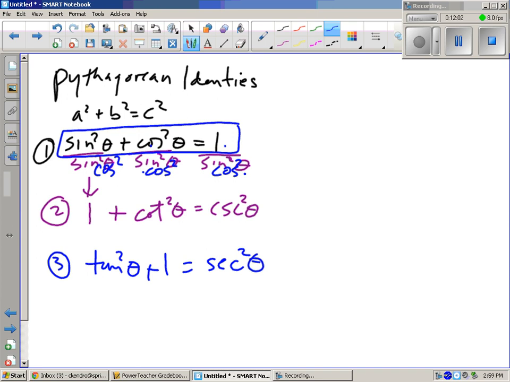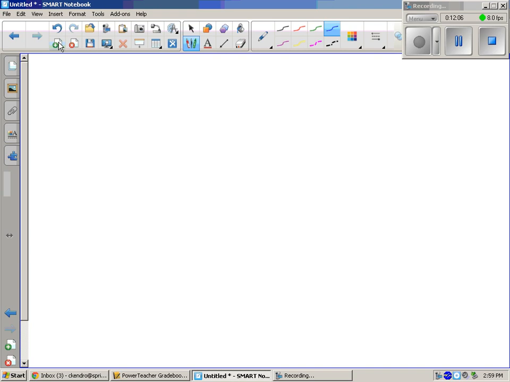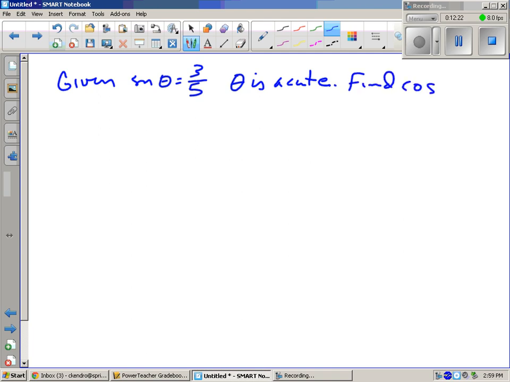All right, couple more problems and we will be done for the day. Let's say you are given that the sine of some angle is 3/5, and we know that theta is an acute angle. I want to find cosine. There are two ways to do it.